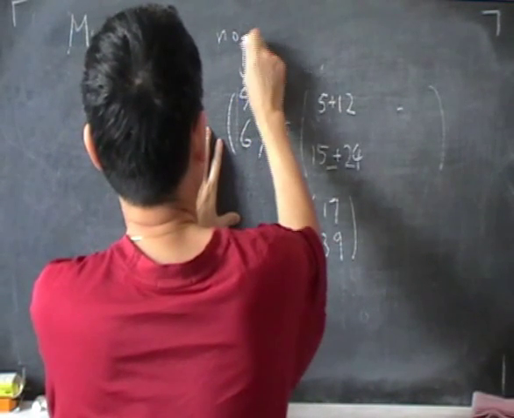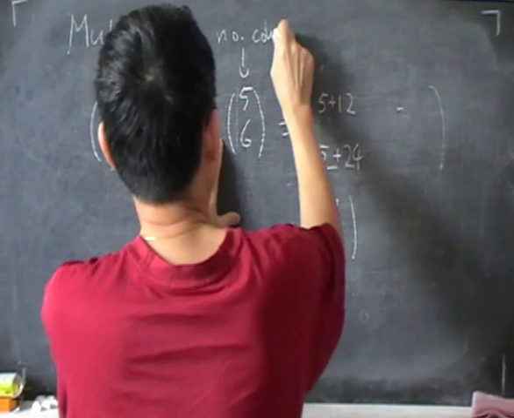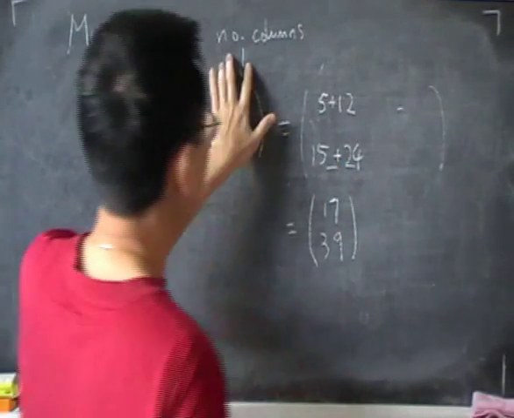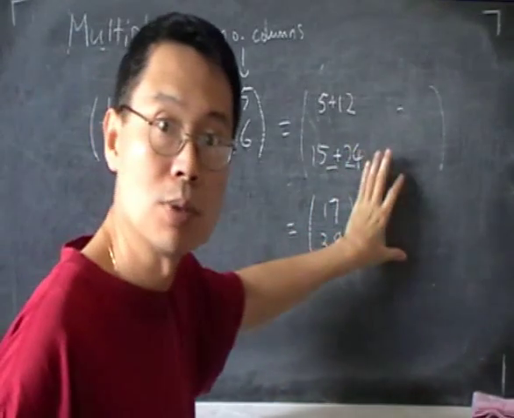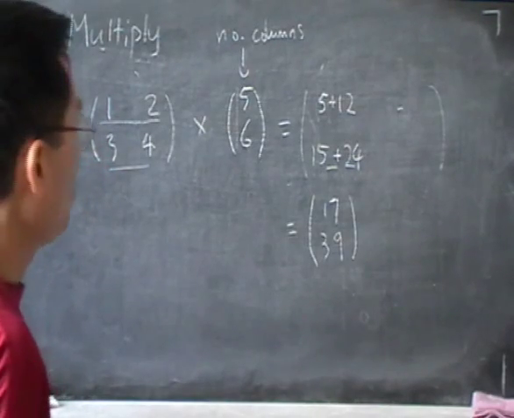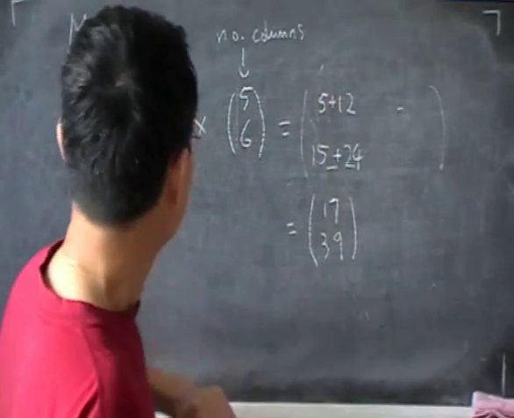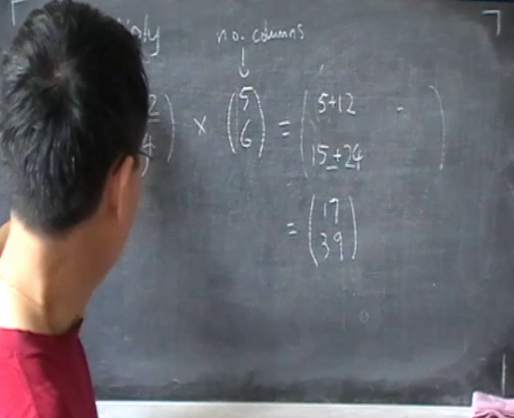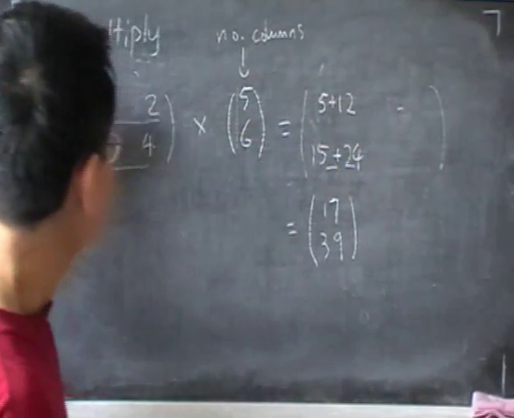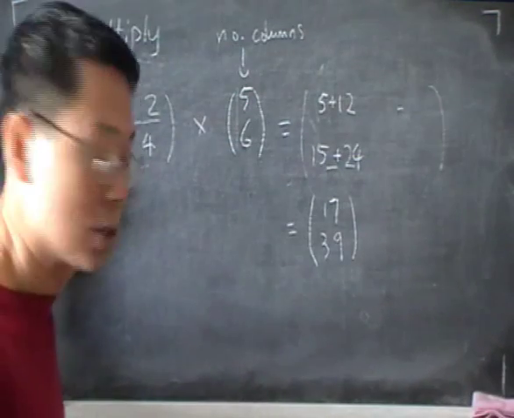Number of columns here is the same as the number of columns in the answer. Now how about the number of rows? If you think about what we have done, the number of rows that we have here depends on the number of rows in the first matrix.